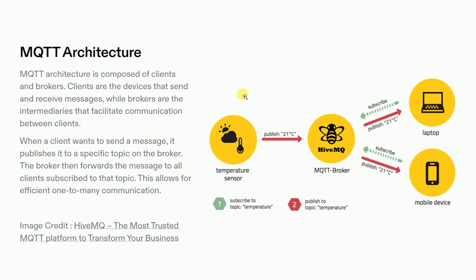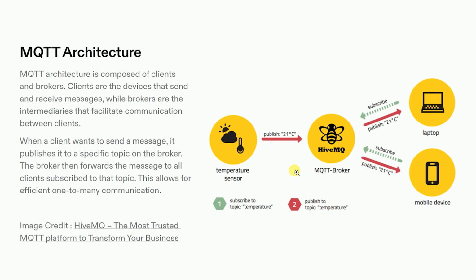So this is a rough idea of the architecture, where this part is my client, this part is my broker, and this part could be my subscribers. It could be one or however many you want. This is how it works. The temperature sensor, or basically the client, publishes the temperature on a particular unique topic.